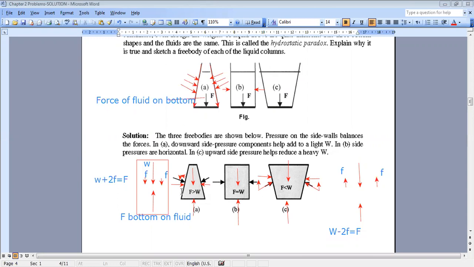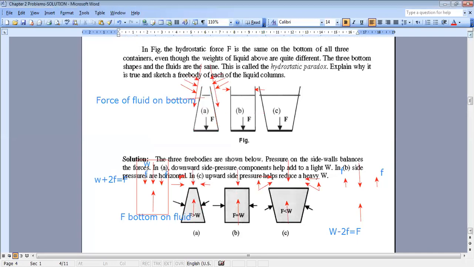They didn't ask for it. We did the rest to understand how, if you just look at the figure without doing an analysis, you will say, I think that F should be equal to the weight for equilibrium. But when you do the analysis, you will understand that no, F is not equal to the weight. So the second part is just to understand the hydrostatic paradox.